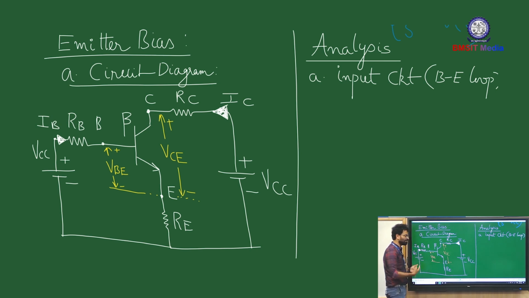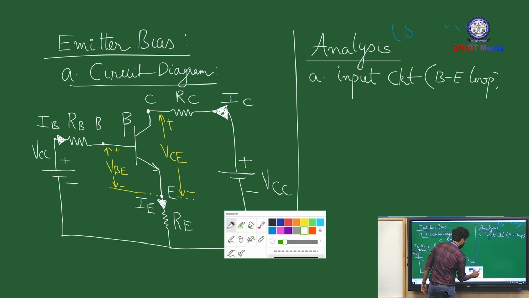So basically you can apply KVL in the direction of the power supply polarity. Yeah, we have to mark the emitter current as well. We did not mark it. IE. All right.